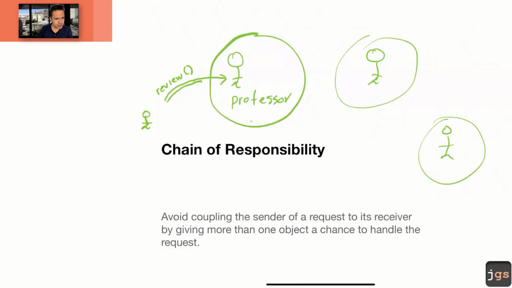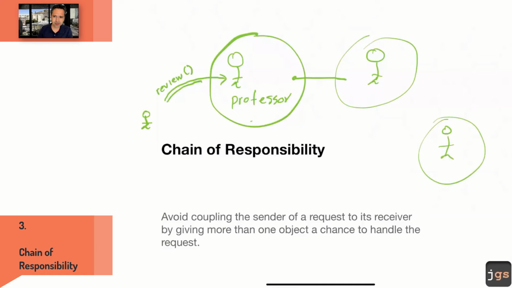When professor receive a request for a review, the only thing that I am going to do is to send the request to another object. And that one have the possibility to reply to the request, or maybe that one is going to send the request to another object. And this can continue. And that is what we call the chain of responsibility.